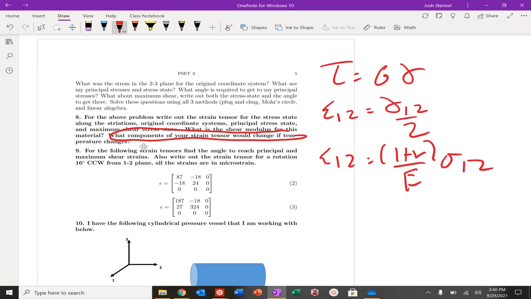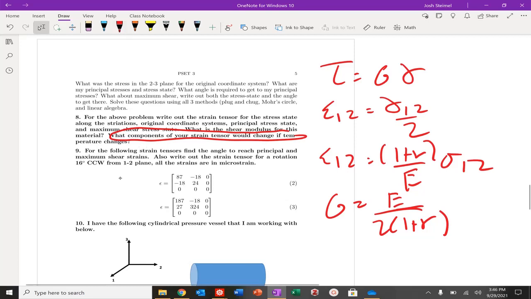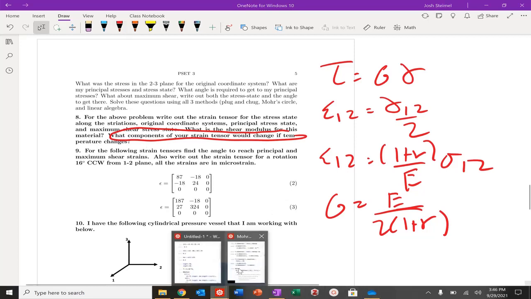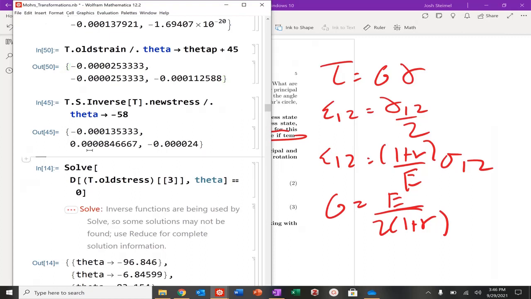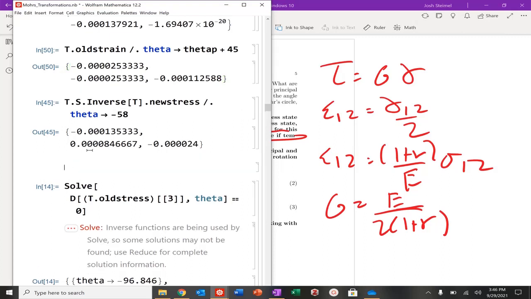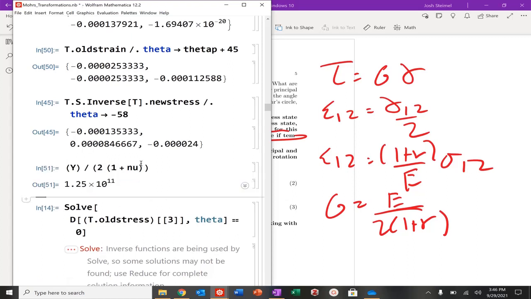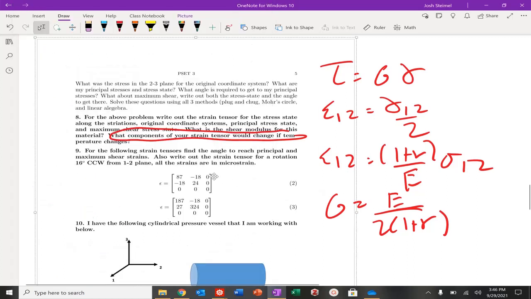So you can make the relationship that my G is equal to E over 2 times 1 plus nu. I know my Poisson's ratio and all that good stuff for my ceramic. So my G is just going to be equal to my Y divided by 2 times 1 plus nu. And voila, there's my shear modulus. We've got it. And that's it.